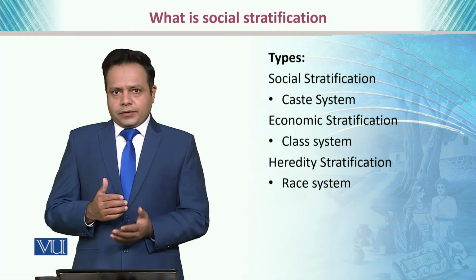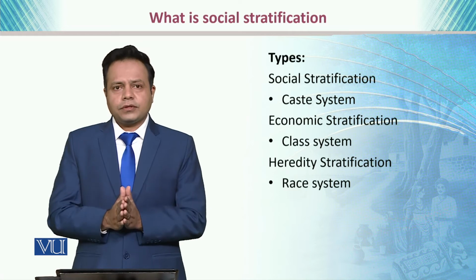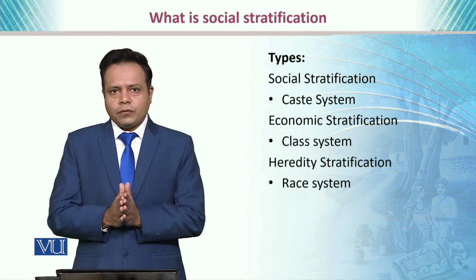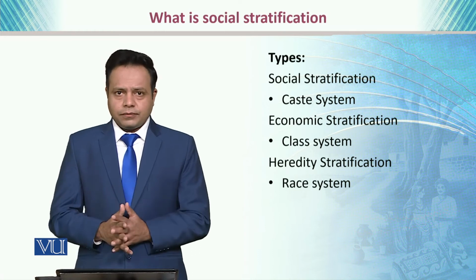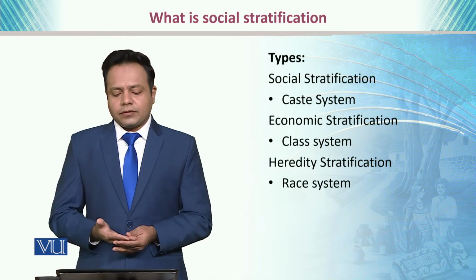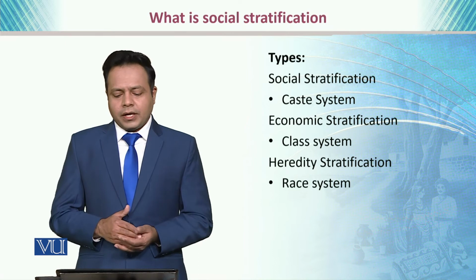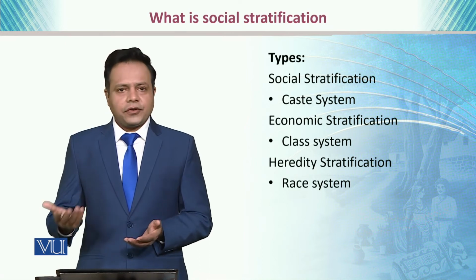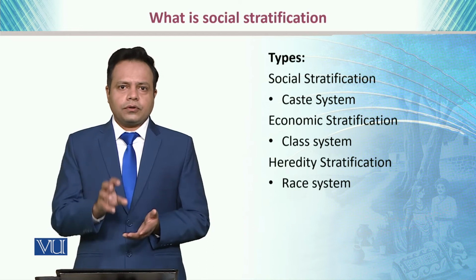If we want to distinguish social stratification based on certain typology, we can have three major indicators. One is the class system based on which stratification is done. The other one is economic stratification, that is the class system. And the third one is hereditary stratification based on your race or your birth.